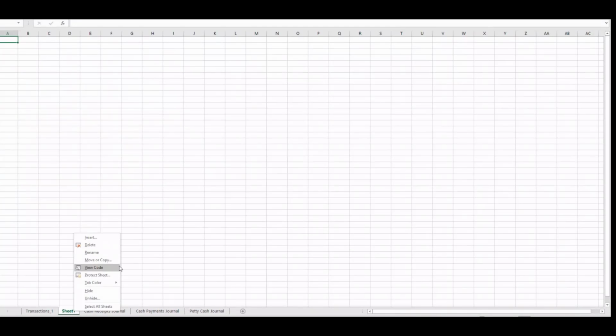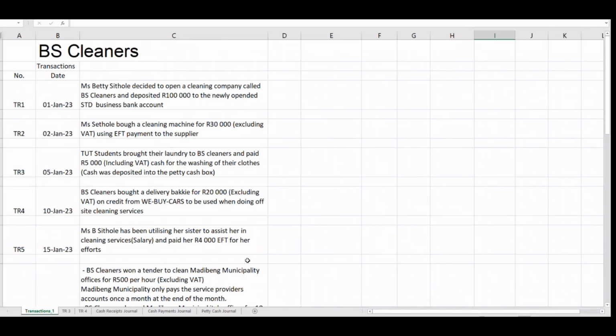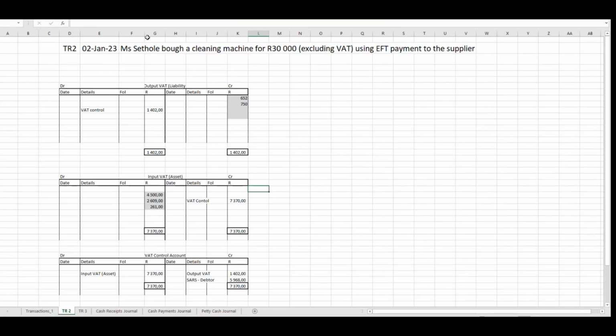I will just open a new sheet here and call it TR3. And the other one we'll call TR2, which we will use quickly so that you can see. They look better now.